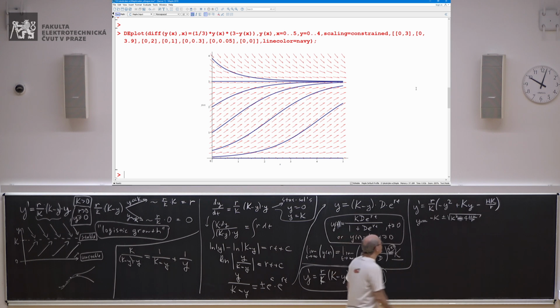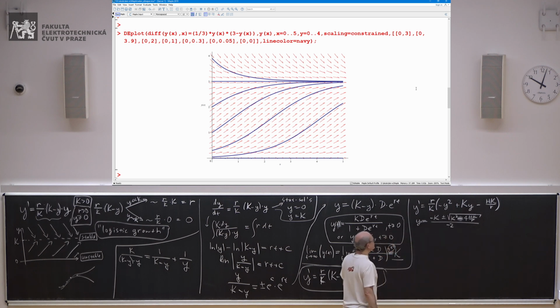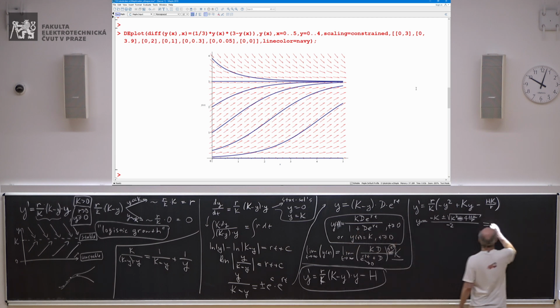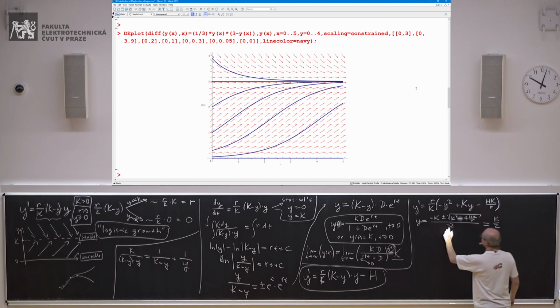Nope, I don't think so. Divided by 2a, which is minus 2. Can I make it somehow nicer? That's a good question. I look at it and I don't feel that it can be improved much. Okay, here we go. Minus minus. So it's k over 2. That's the basic level for my two stationary solutions, or for my two equilibria, if there are any.